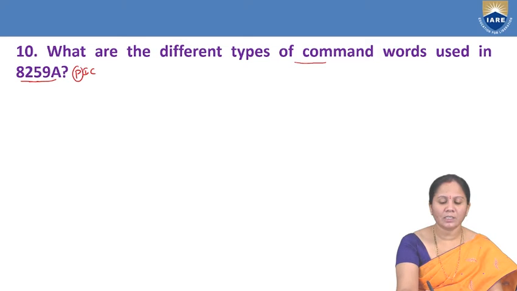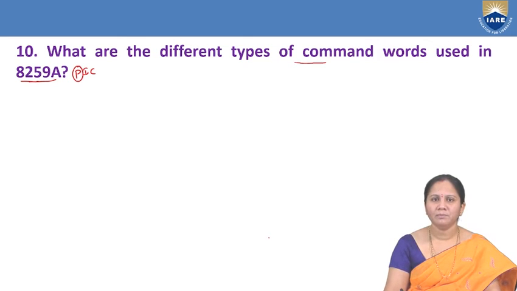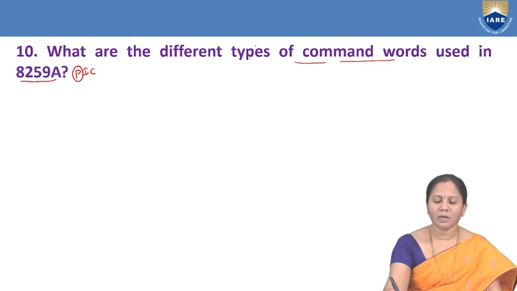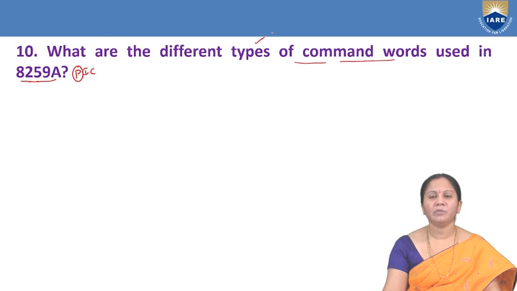This IC is also programmable, which means it has internal registers that can be varied. One of the internal registers is the command words. So here they are asking about the different types of command words available in 8259A.